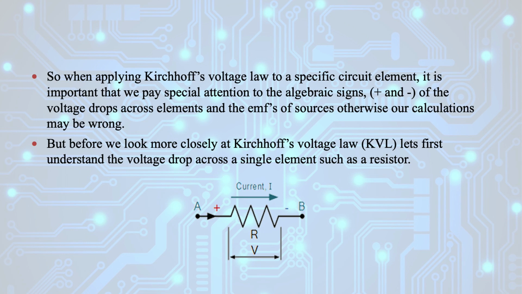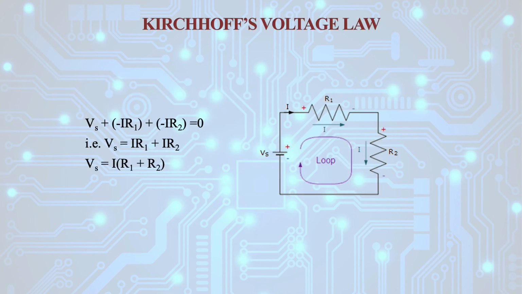But before we look more closely at Kirchhoff's voltage law, let us first understand the voltage drop across a single element such as a resistor. Here you can see there is one resistive element, that is resistance R, and current I is flowing through this resistance. So what will be the voltage drop across this resistance? It can be written as V equal to minus I into R. Now you apply the KVL in this particular mesh.